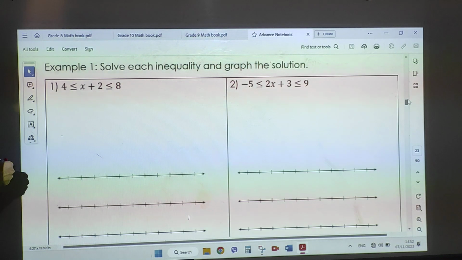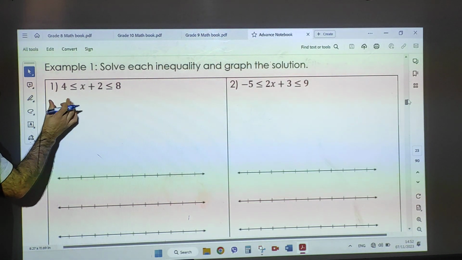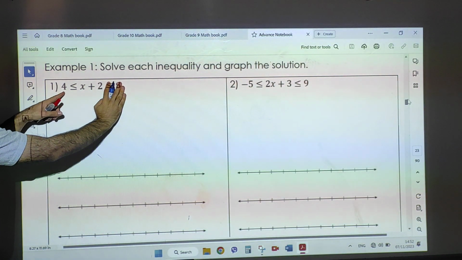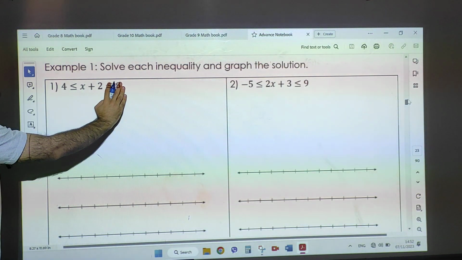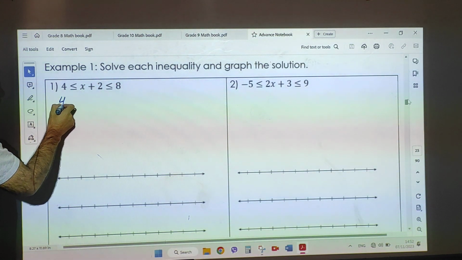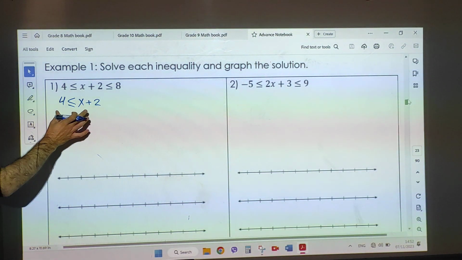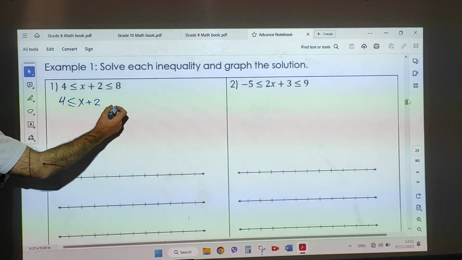The two parts: the one in the middle, we give it to both of the sides. At first we write 4 is less than or equal to x plus 2. The one which is between, we give it to both of them.